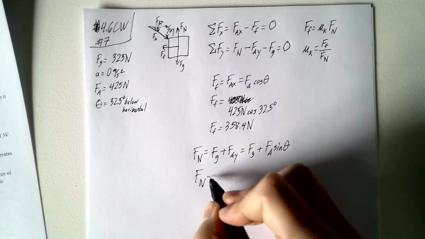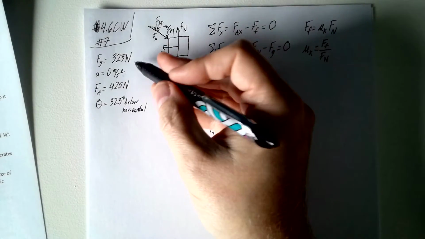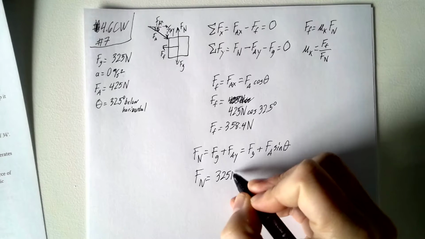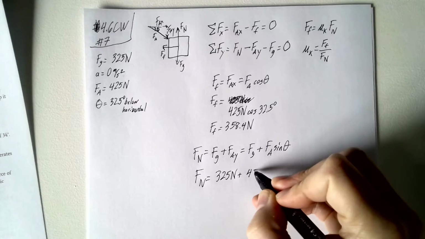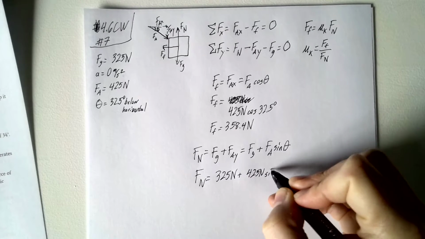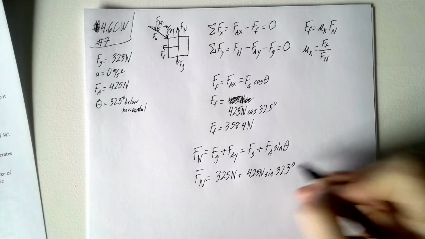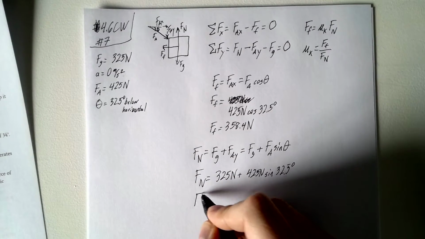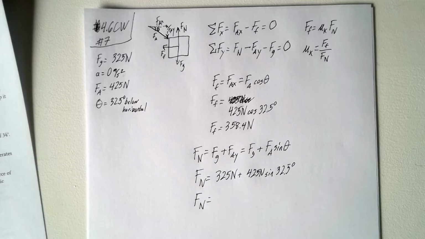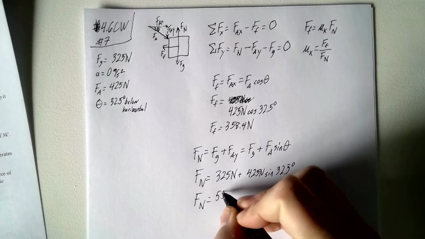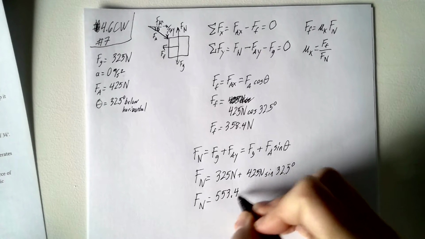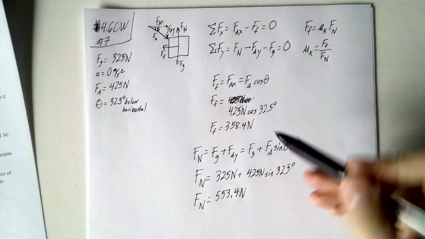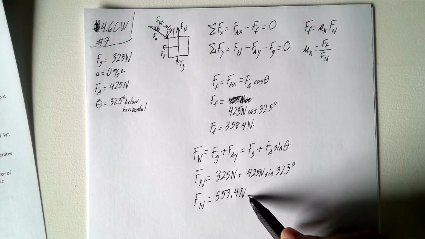So Fn, plug in the values: Fg 325 plus 425 newtons sine of 32.5 degrees. Alright, so we have a value of that one, 553.4 newtons.